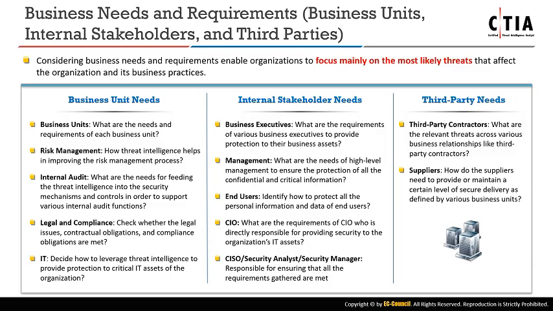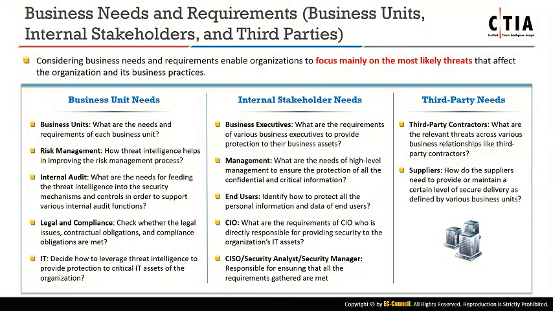Legal and compliance. Want to check to make sure that the legal issues, contractual obligations, and compliance are met. So as we put together a team to focus on threat intelligence, we also want to team up with our legal folks to make sure that everything we do covers all of the legal obligations of the organization.